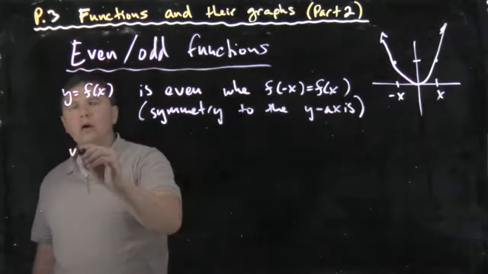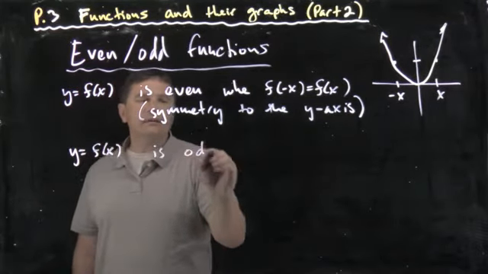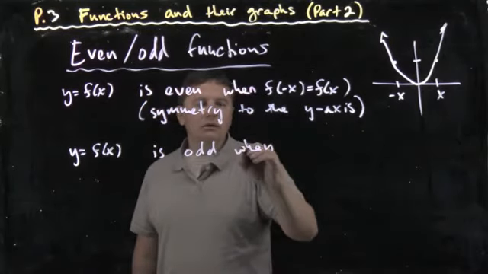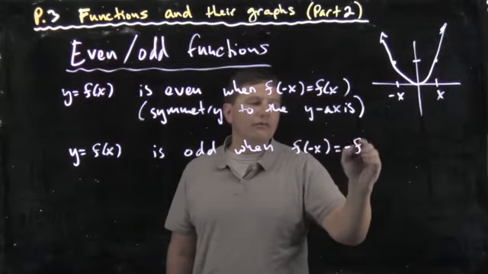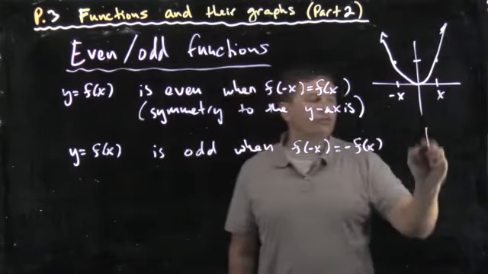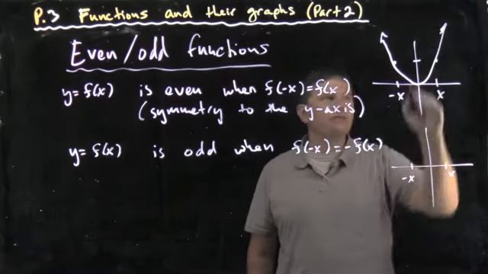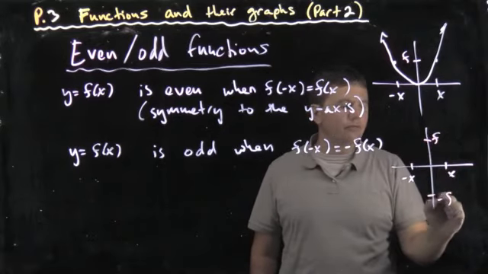Okay? y equals f of x is odd when f of negative x is equal to negative f of x. So take x here, negative x, f, and negative f of x.